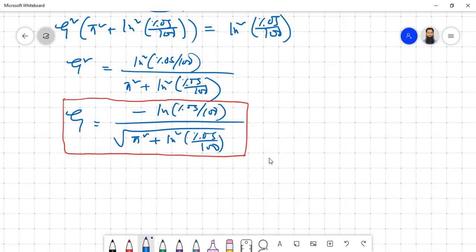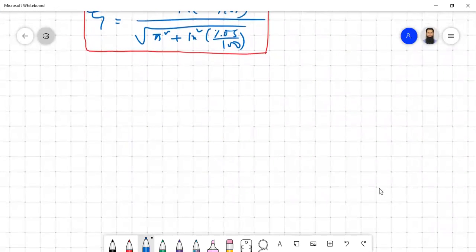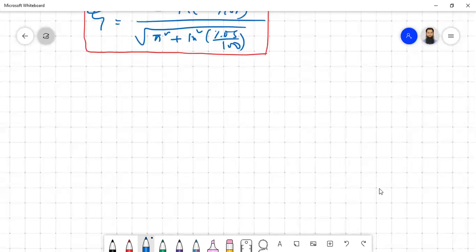Percent overshoot is calculated. Now the third thing that we have to do is calculate the value of the settling time. So, evaluation of settling time.